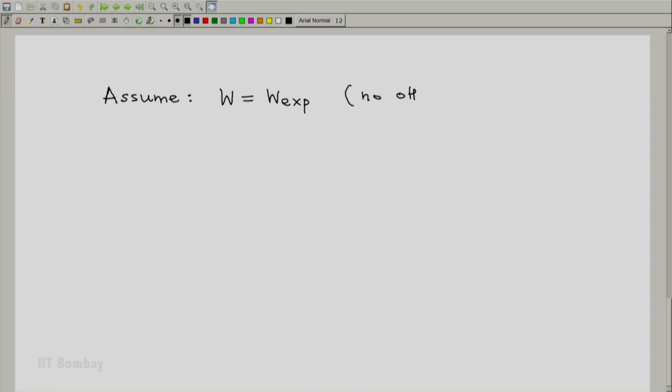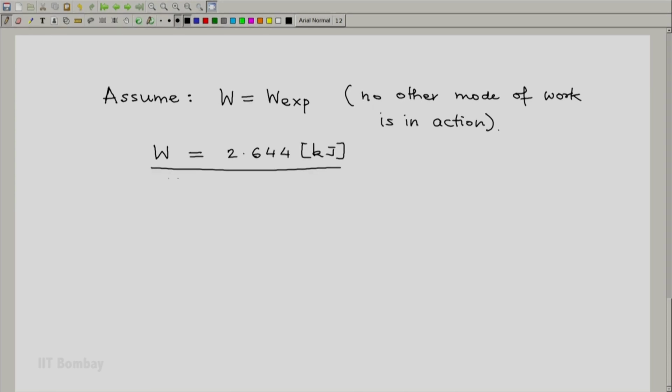There is no other mode of work in action. This is an assumption, and hence we can say finally that the work done by the gas, which is our system, is 2.644 kilojoule. This is the final answer.